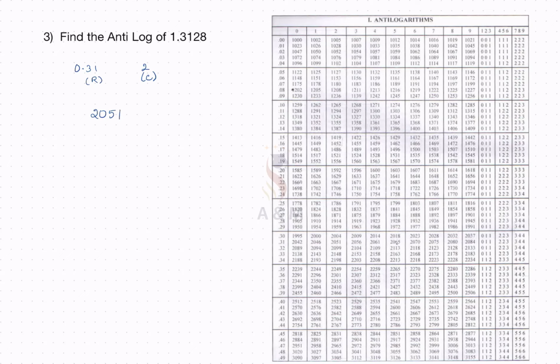Next is the mean difference of 8. .31 and mean difference is here of 8 it is. Okay, it is plus 4.